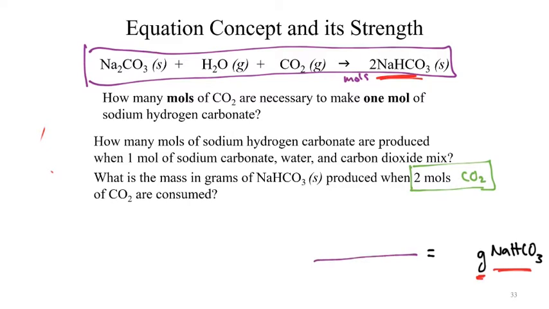So I'm going to start with that substance and hope that if I work through this, an answer falls out for where I want to go. So what do I want to relate this sodium hydrogen carbonate to? Well, the only other substance in the given information is CO2. So probably relating the moles of sodium hydrogen carbonate to the moles of CO2 is a good idea.